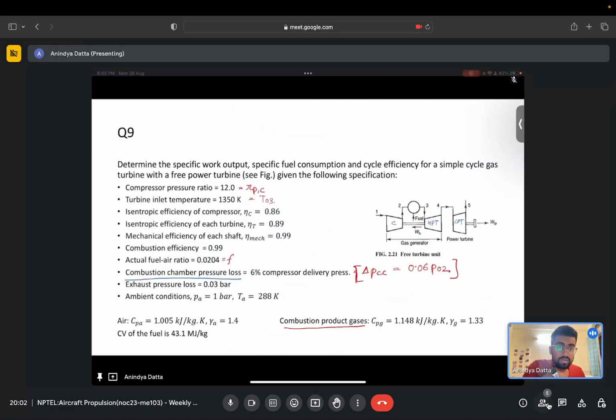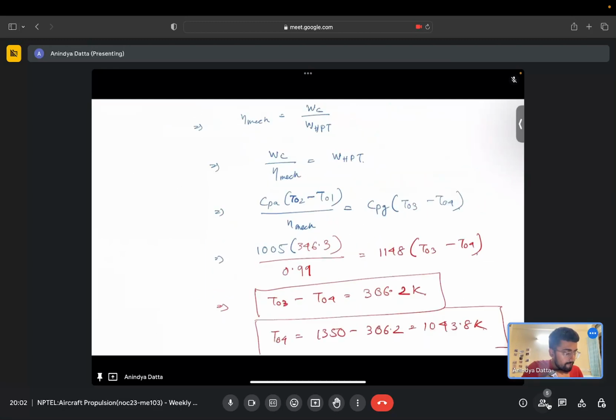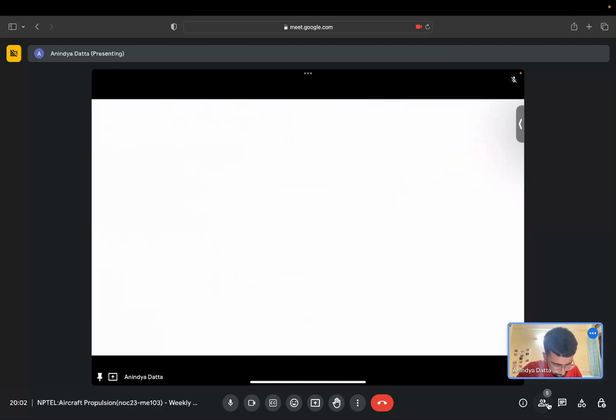Okay, so now we know state point 4. The last remaining is state point 5, so let's compute at state point 5. Now we have T04 minus T05, the temperature drop across the low pressure turbine.